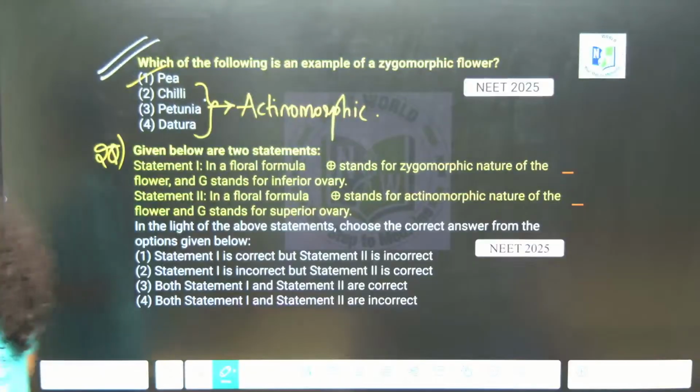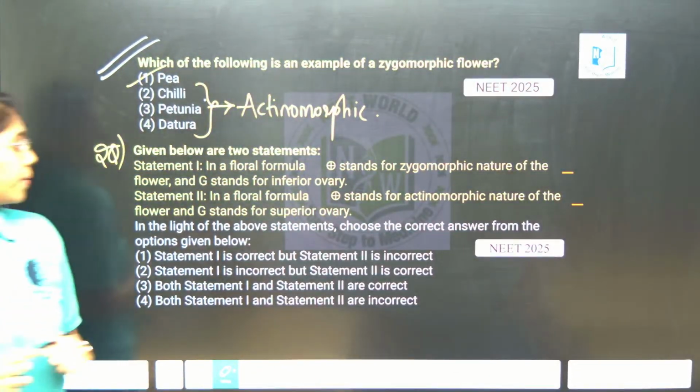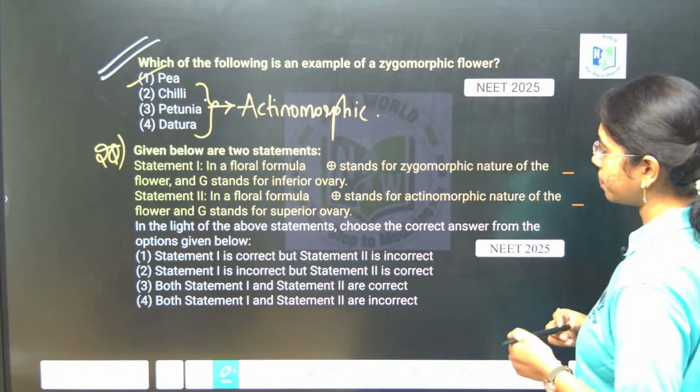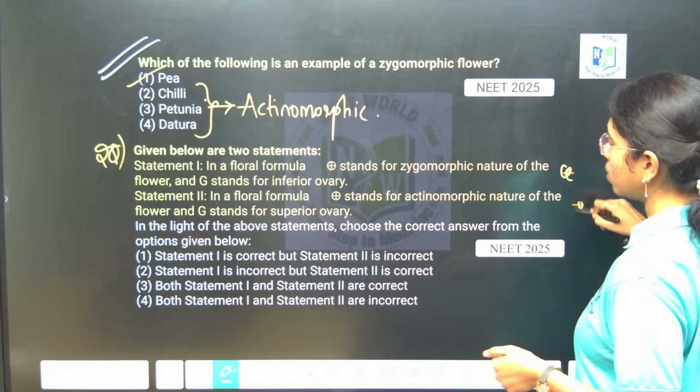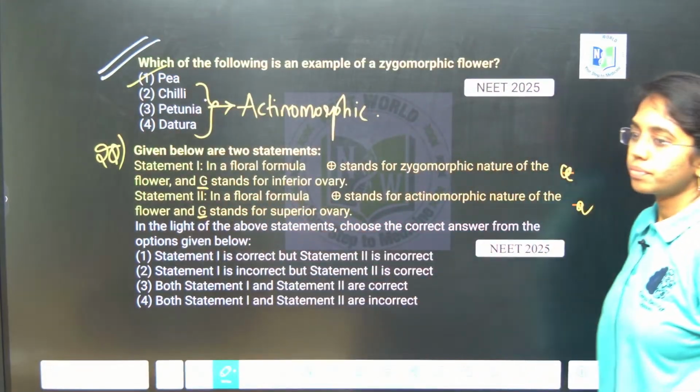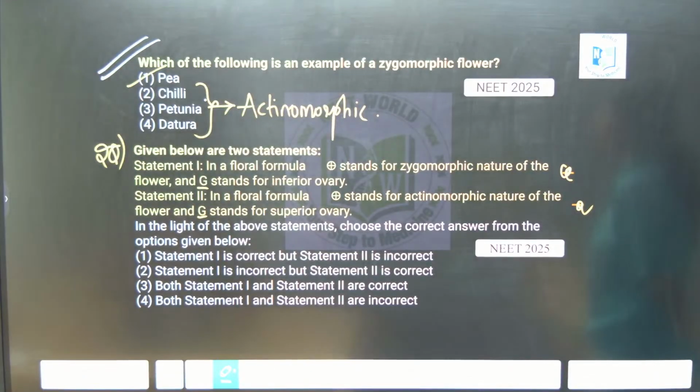Next, second question. Online students also can answer. Both are incorrect. Look to it and answer properly. First one is wrong, second one is correct. How?